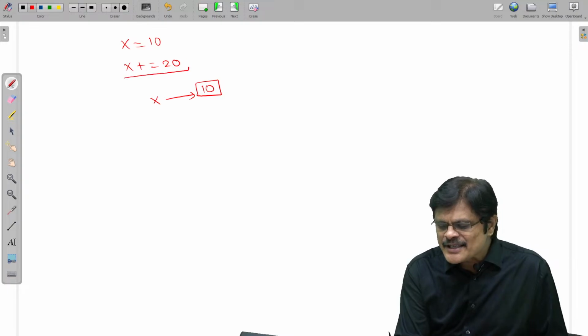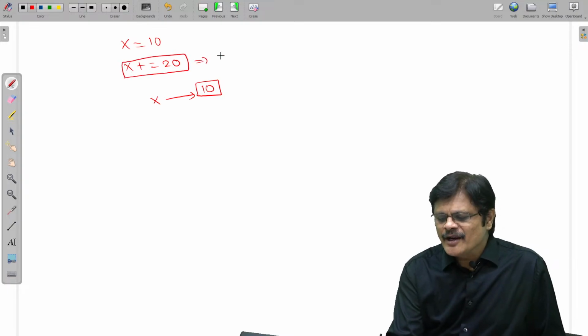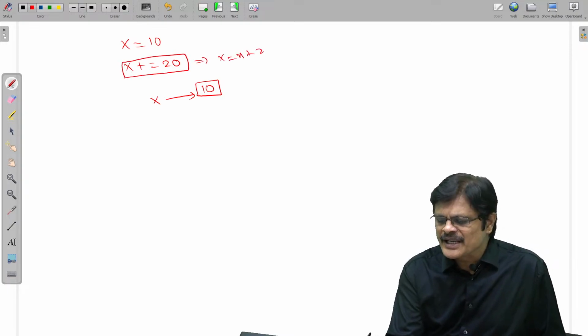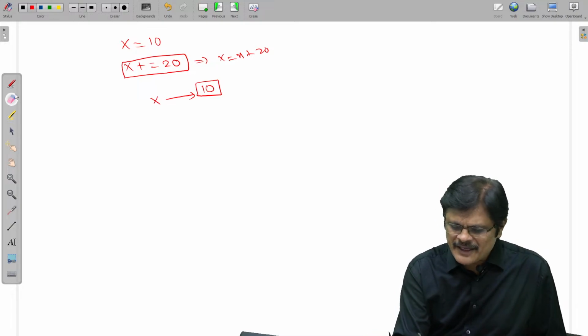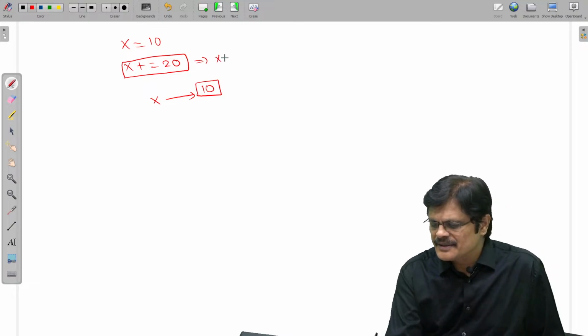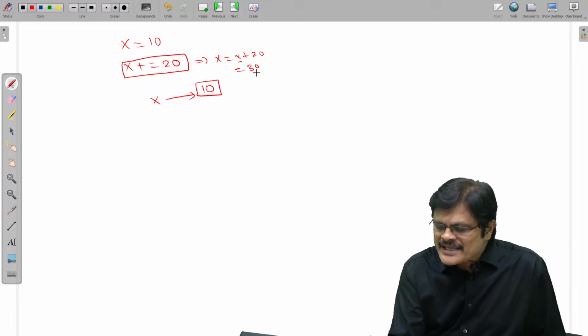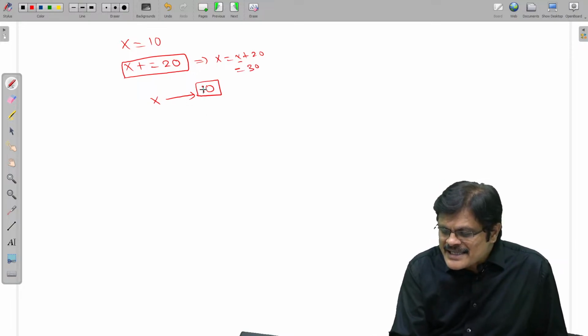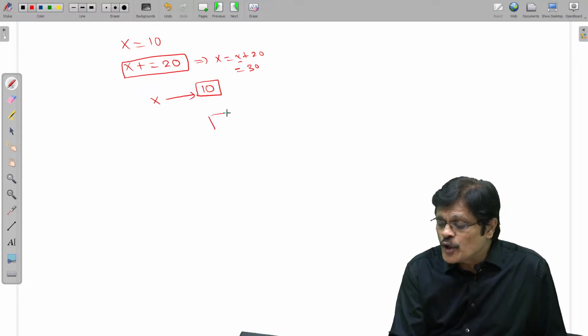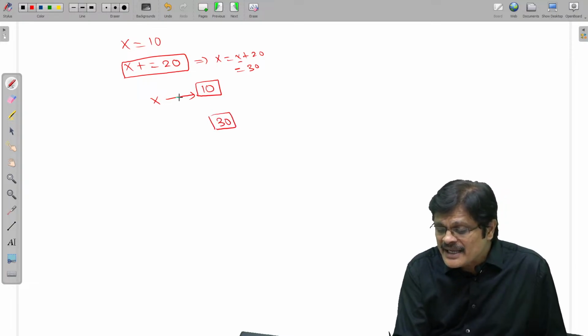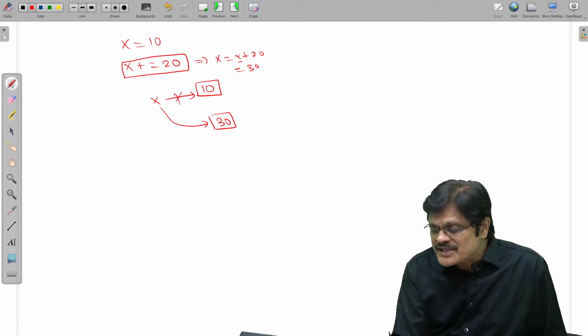When you say x += 20, what is the meaning of it? X is equal to x plus 20. So here what happens? 10 plus 20, that is 30. So x is equal to 30 means the object is not changed to 30, sir. A new object 30 is created and now x will reference 30.